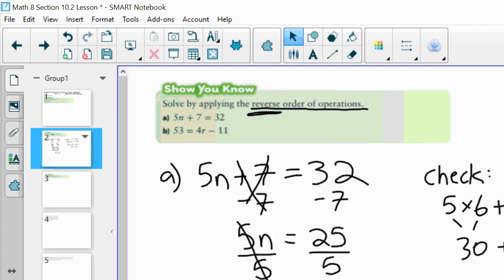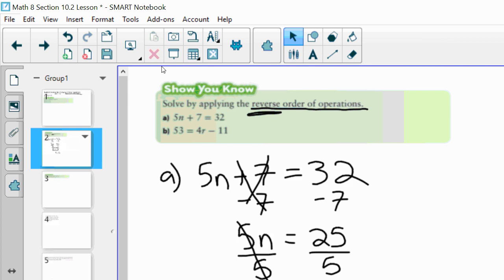So now I can rewrite. So 53 plus 11 is 64 is equal to 4r. So r is being multiplied by 4. I'm going to do the opposite, and I'm going to divide by 4 on both sides. And those 4's cancel out, just leaving me with one r on that side, which is what I want.